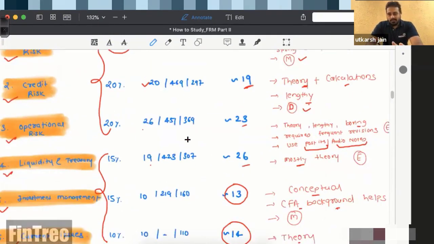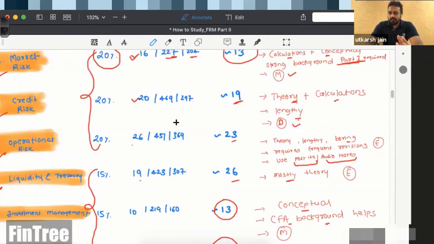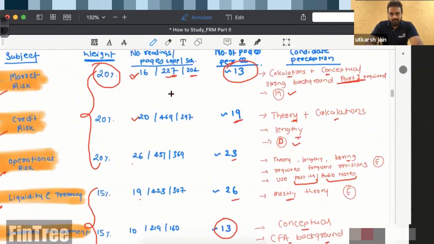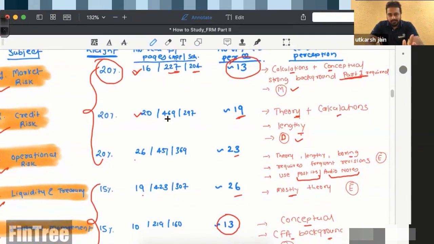There's roughly about 30% deduction in terms of number of pages. Plus, Kaplan also brings substantially manageable or easier language. For example, if you look at credit risk, GARP material comes out to be about 470 pages, but the Kaplan material comes out to be about 300.